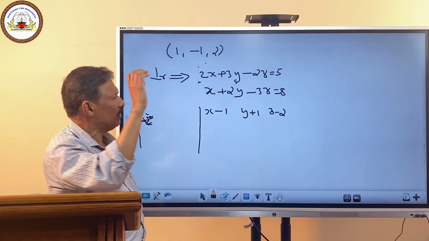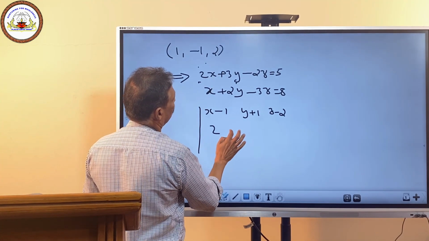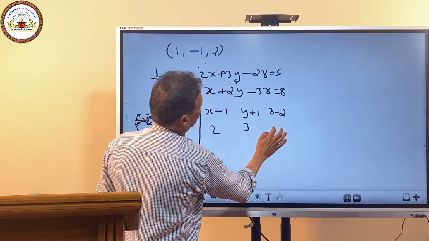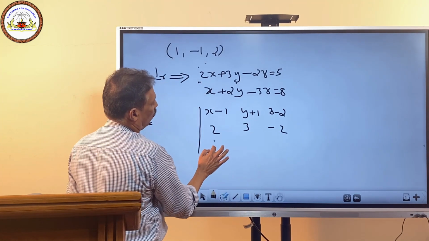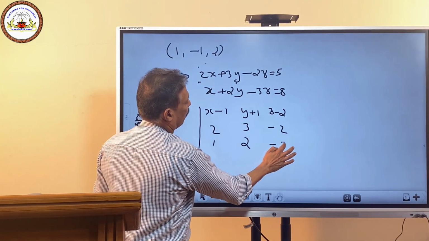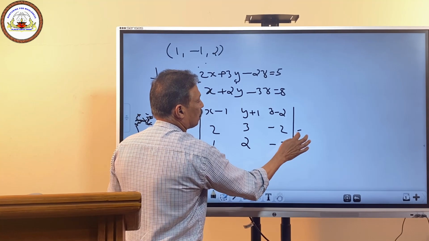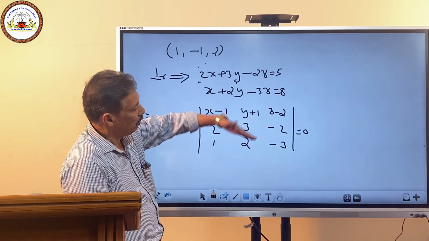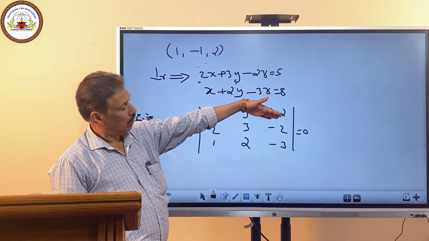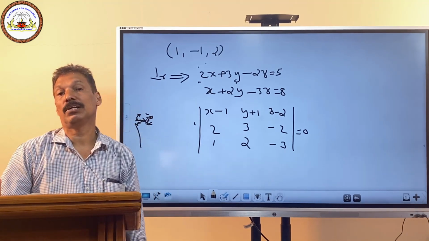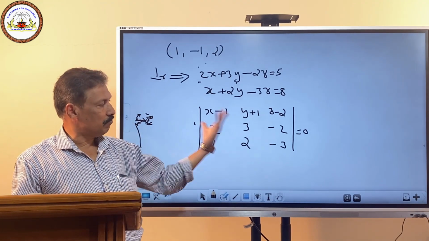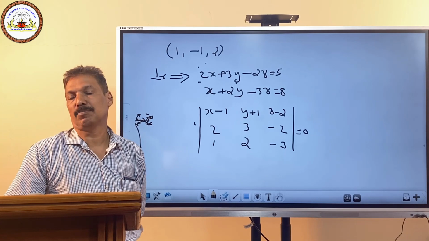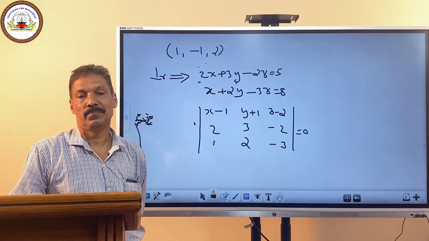So simply we write the second row 2, 3, minus 2, and the third row 1, 2, minus 3. This is equal to 0. We have to simply find the cross product, and we have the vector normal to the required plane. So it is enough to expand the determinant.